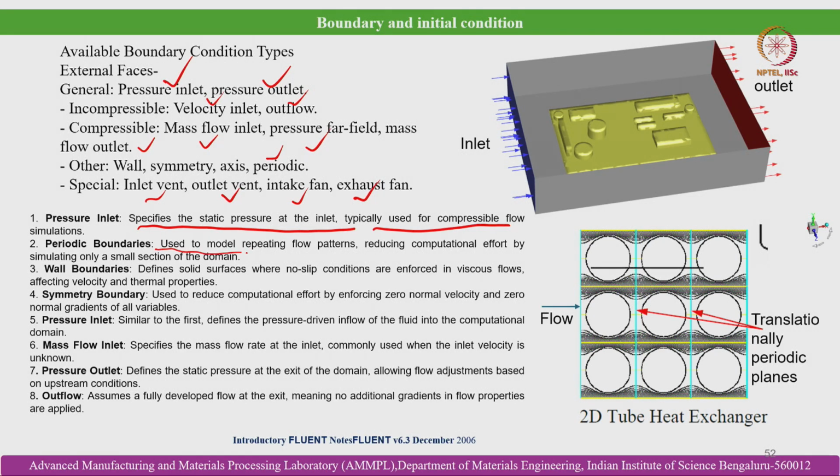So this is a very critical boundary condition that is widely utilized in solving the flow physics and even in phase transformation problems. Often it becomes computationally expensive to solve the problem for the entire scale of the problem, the entire dimension of the problem.